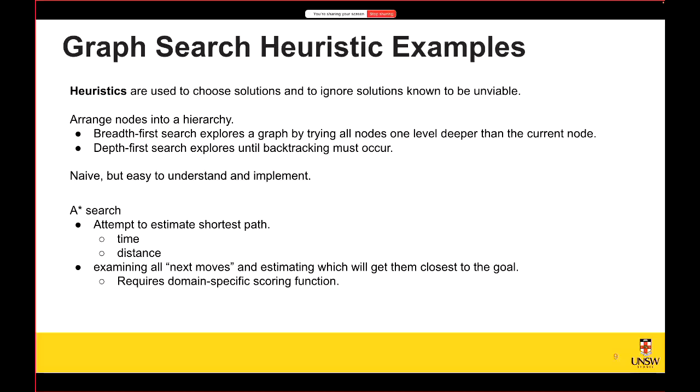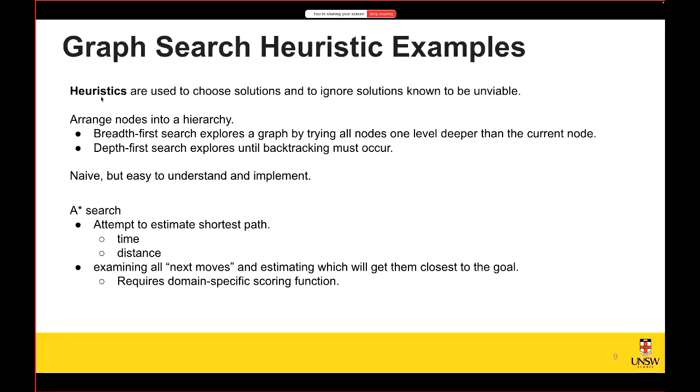You can see that the estimation of the distance or time is important here, and it is related to domain-specific knowledge, right? We have to choose the estimation according to the actual problem we are facing. Because we are trying to estimate something, this heuristic is more complicated, and we are assuming that something is going to happen.